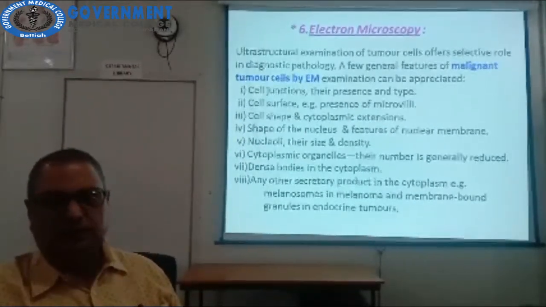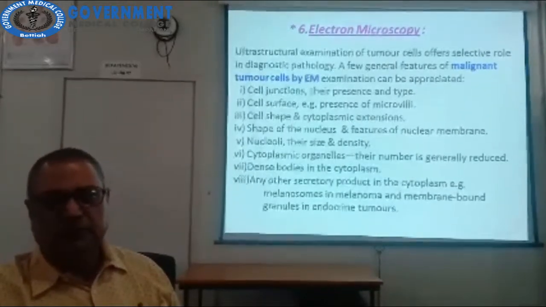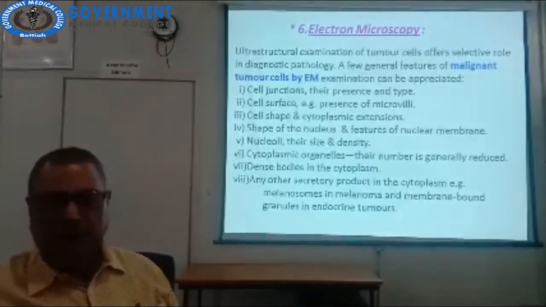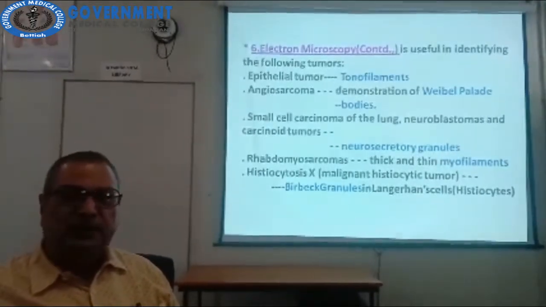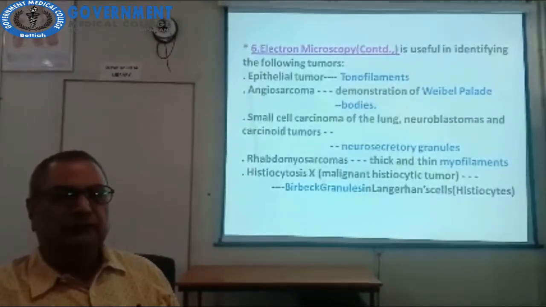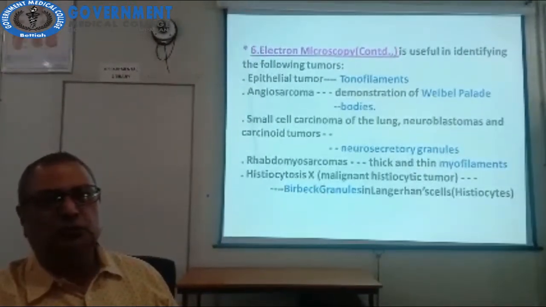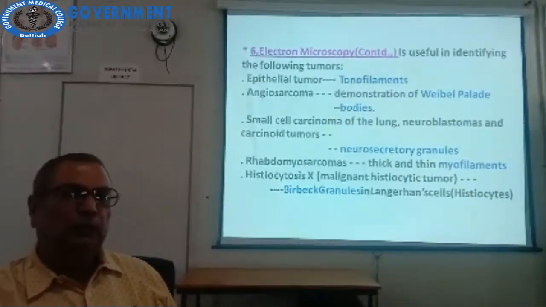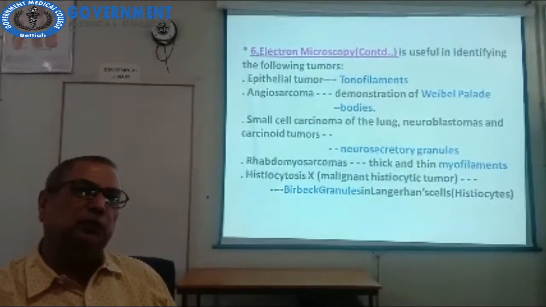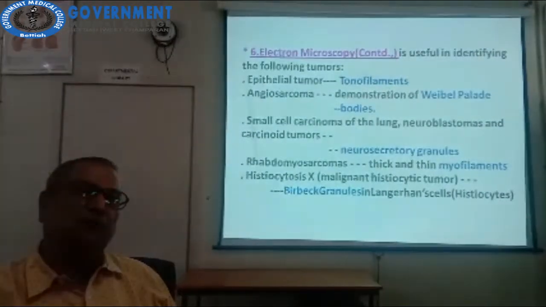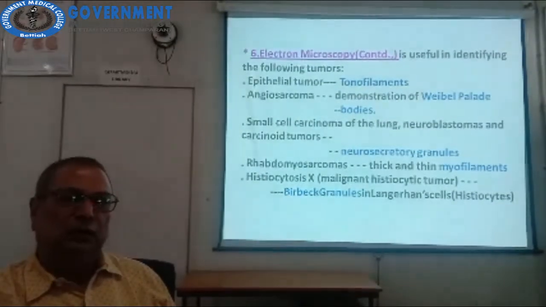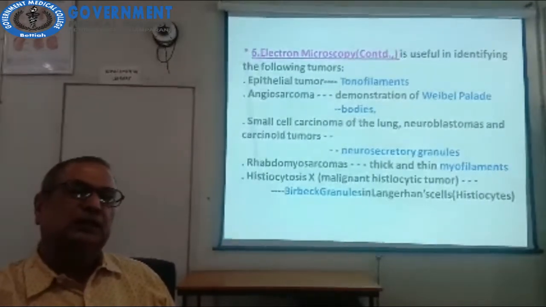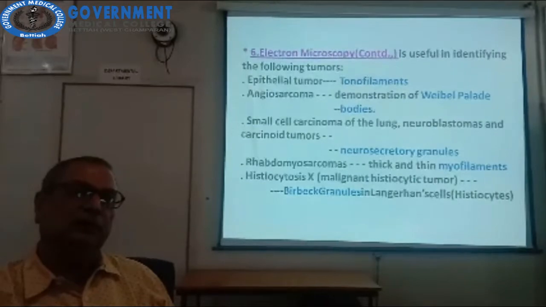Also look for dense bodies in the cytoplasm and any secretory product in the cytoplasm, for example melanosomes in melanoma and membrane-bound granules in endocrine tumors. Electron microscopy is used in identifying the following tumors: in epithelial tumors, tonofilaments are seen. In angiosarcoma, Weibel-Palade bodies are demonstrated. Weibel-Palade bodies are secretory granules present in the endothelium of blood vessels and the heart.